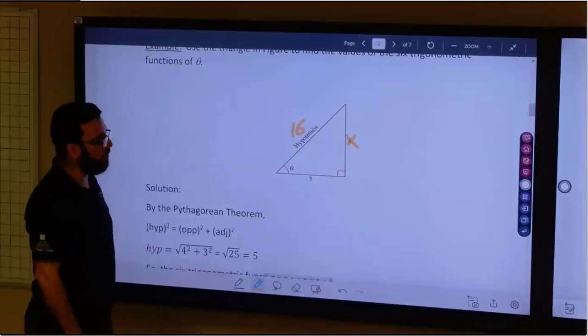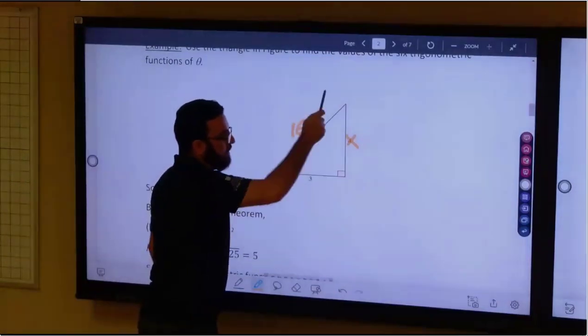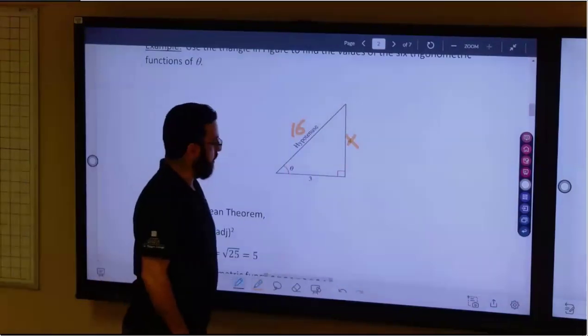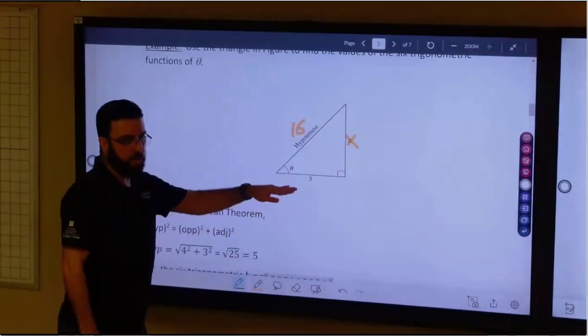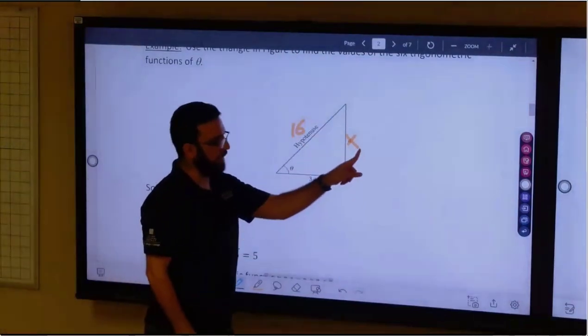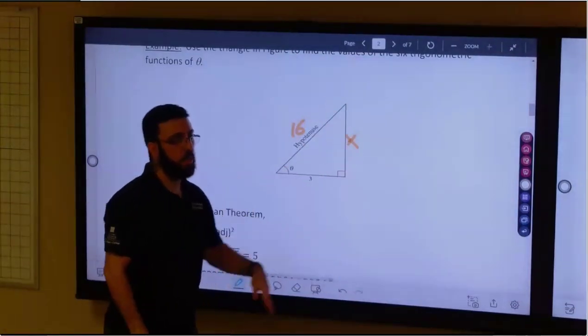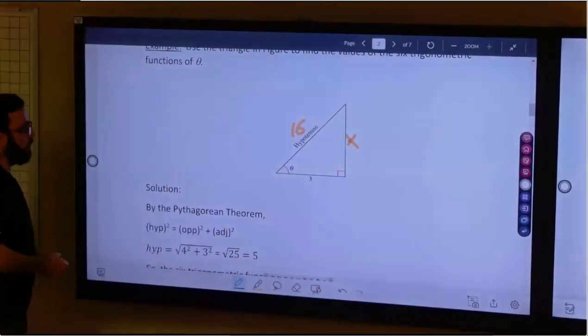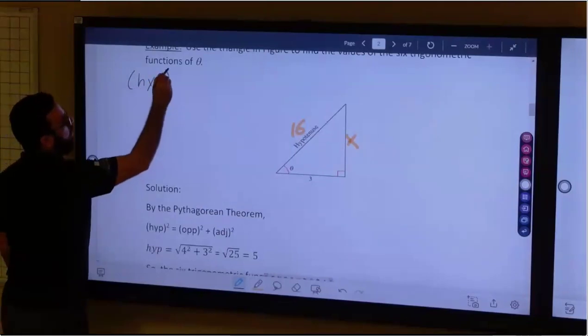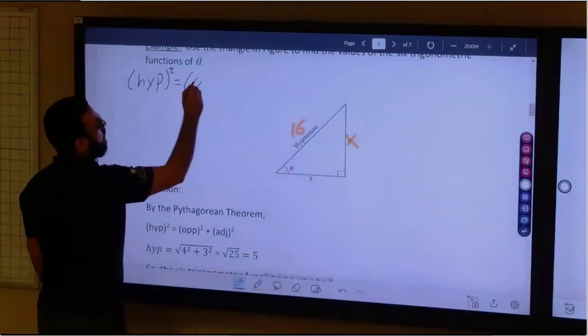Now tell me how much is going to be the opposite side? Are we still using 3 as the base? Yes, as an adjacent. So 3, 16, and here's the X. We need to find this side. So you're going to use the same rule, which is hypotenuse squared equals opposite squared plus base squared.